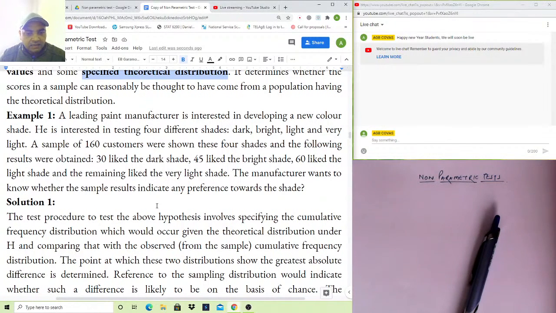That is, 30 like the dark shade, 45 like the bright shade, 60 like the light shade, and the remaining like the very light shade. Right? So the manufacturer wants to know whether the sample results indicate any preference towards any of the shades. So this is what we want to know from this data.